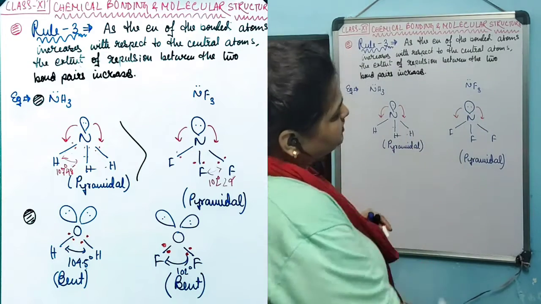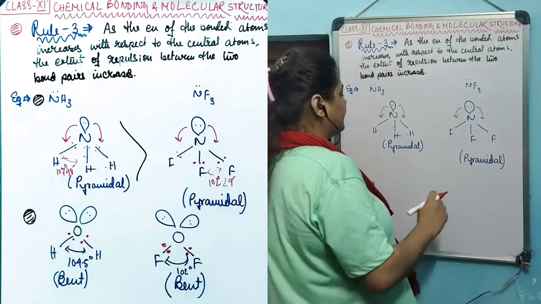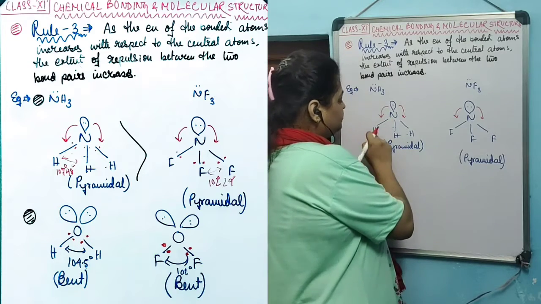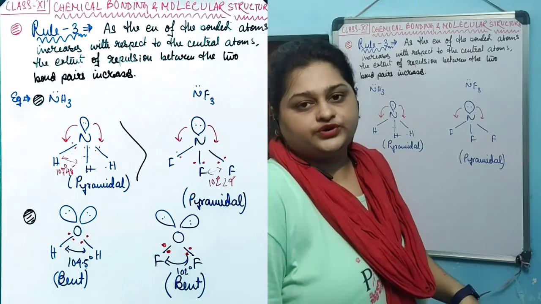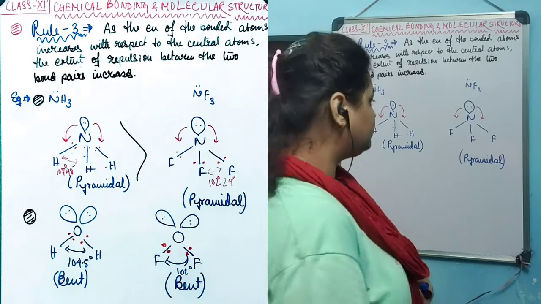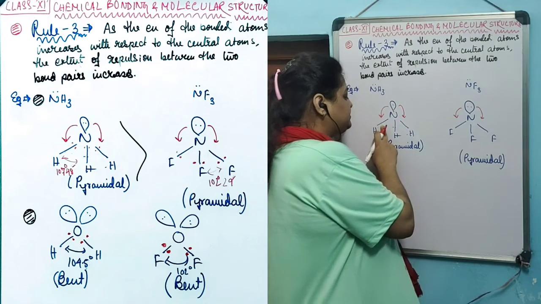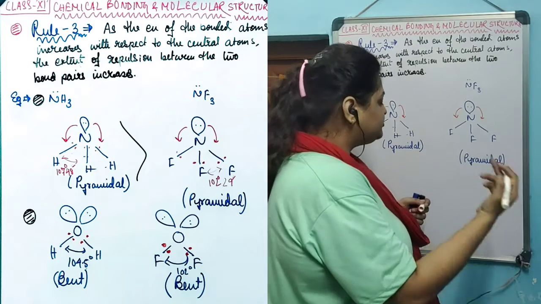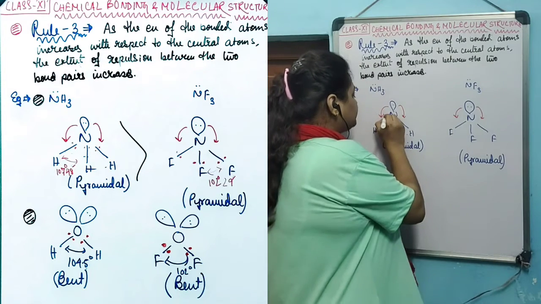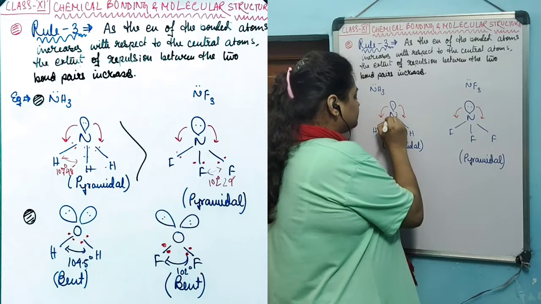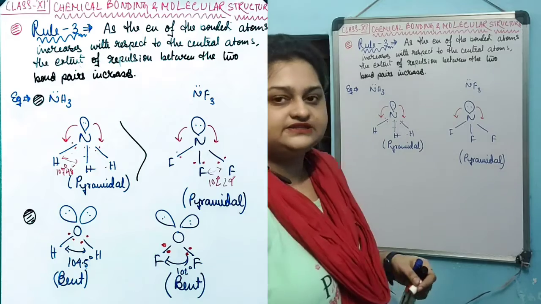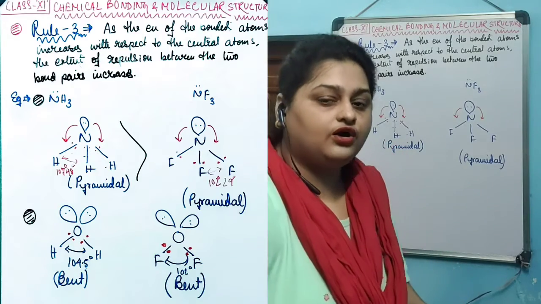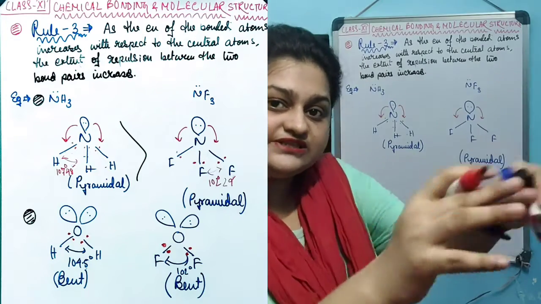Now the difference between these two structures is that nitrogen is bonded with hydrogen in this case, which is less electronegative than nitrogen. So the electron density in the bond pairs is situated closer to nitrogen. The bond density is more concentrated on the central atom.